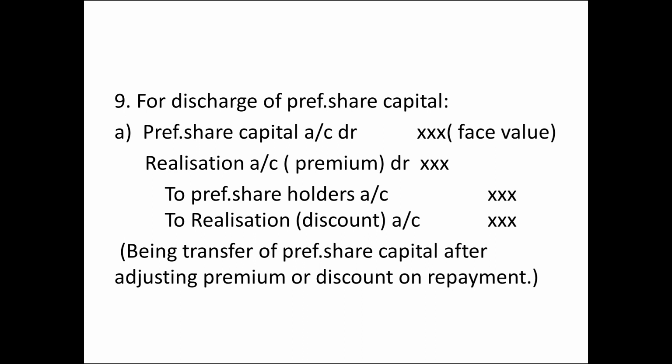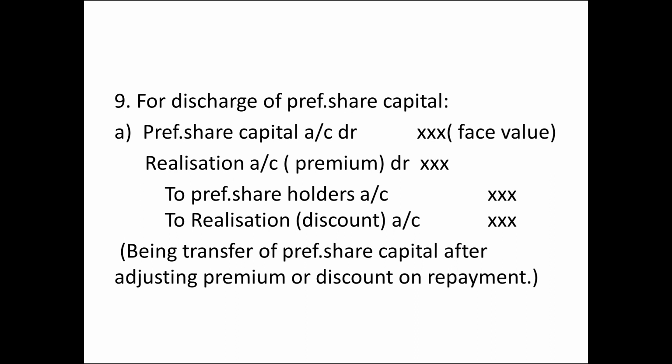Then if there is preference share capital which is to be paid by the selling company, the entry that company has to post is preference share capital account debit. The base entry is preference share capital account debit to preference shareholders account. This is the base entry. Here the preference shareholders may be settled at premium or at discount, whatever the situation may be, and then the concerned entry has to be posted.